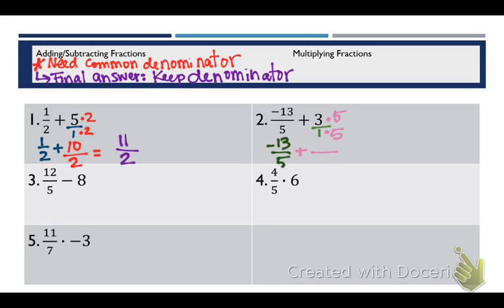So what will my new fraction look like? Here, I heard it. 15 over 5. So then you still add the tops. Minus 13 plus 15 is 2, and then you keep the bottom.